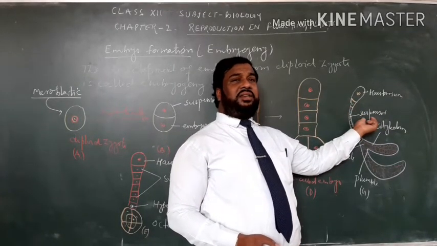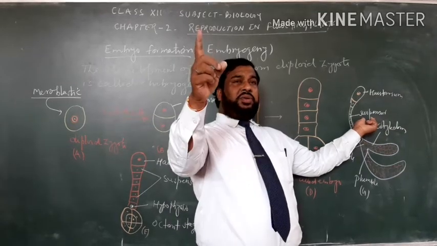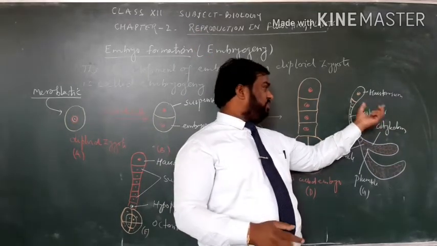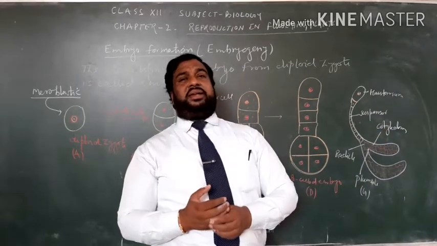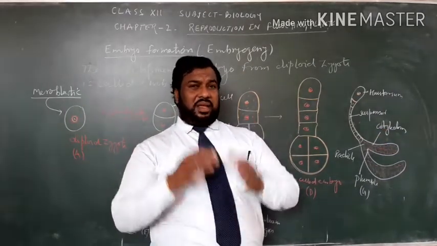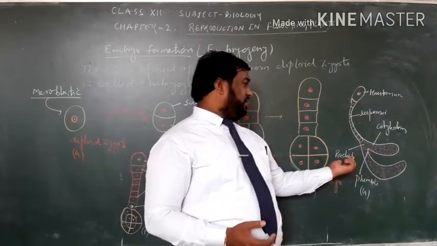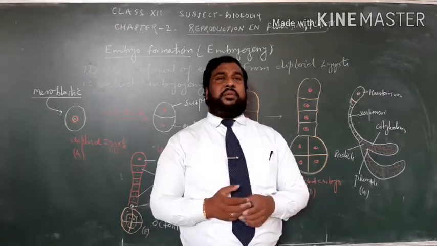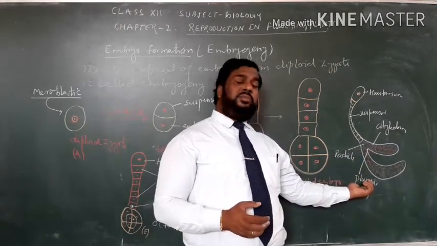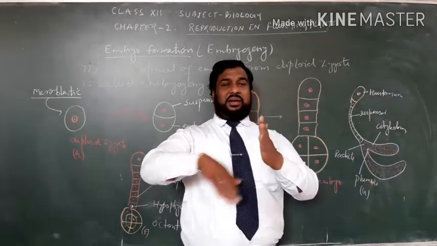This is a connection between endosperm and embryo. Then two cotyledons along with radicle having one root cap, and plumule having a covering sheath.